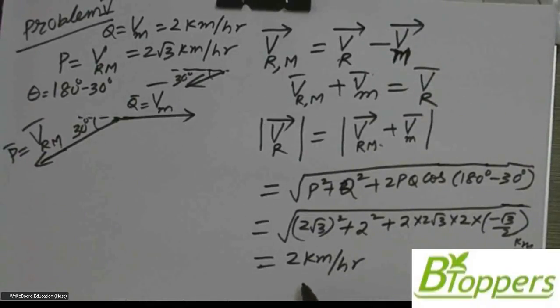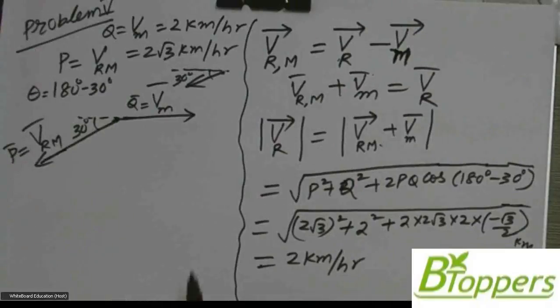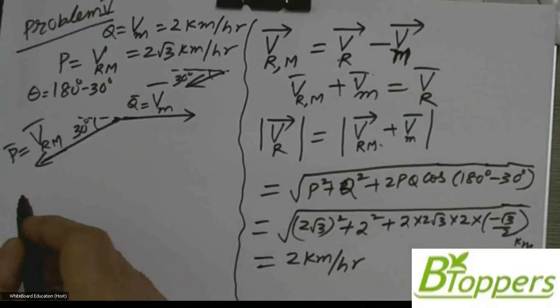To find the direction of the actual velocity of the raindrops, we can use the formula for the direction of the vector sum of two vectors, which I have discussed previously.